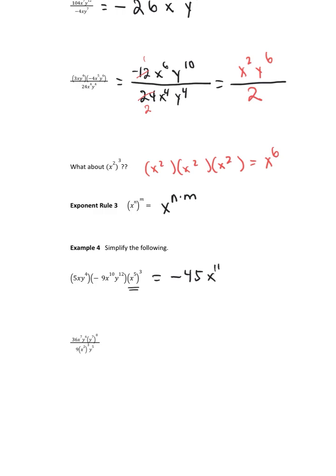Y times y to the 4th times y to the 12th would be y to the 16th, because I'm increasing the number of those powers. And then that last one here, that x to the 5th cubed, that's that power to a power. So you would have 3 groups of x to the 5th. In other words, that would be x to the 15th, because it's 3 groups of 5.